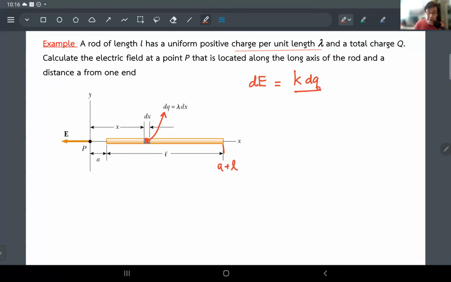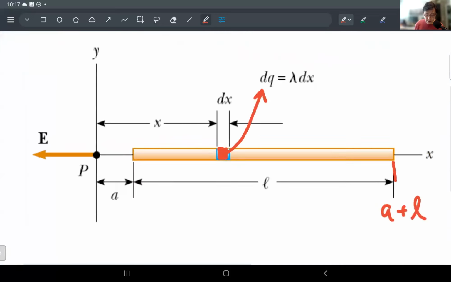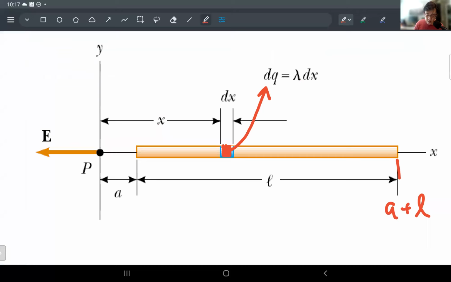Now, what is going to be the distance from dq to point P, guys? That's what the setup is for. The setup is already nice. You already put everything on an x-axis, so this axis will give you the location perfectly. With me?